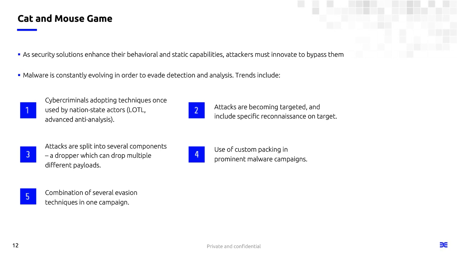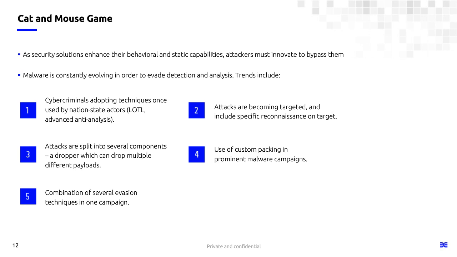I'd like to go over some trends that we saw in the past year and also longer than that in regards to evasion techniques and their change over time. The first is that cyber criminals are adopting techniques which were once mostly or only used by nation-state actors. This is something I mentioned in the beginning of the presentation.